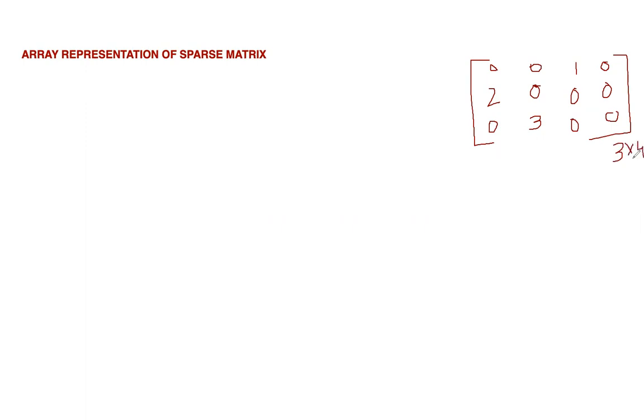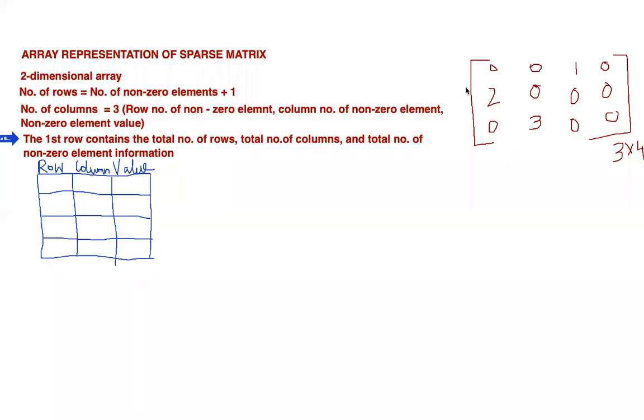So it is a 3 cross 4 dimension. And here we are going to see how we can represent this particular matrix using both array and linked list.